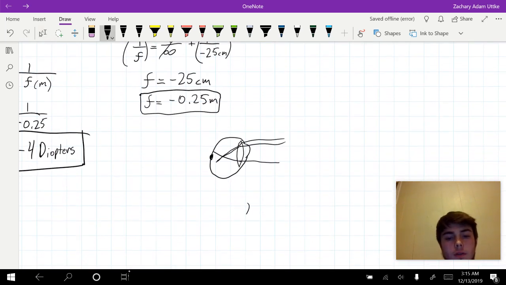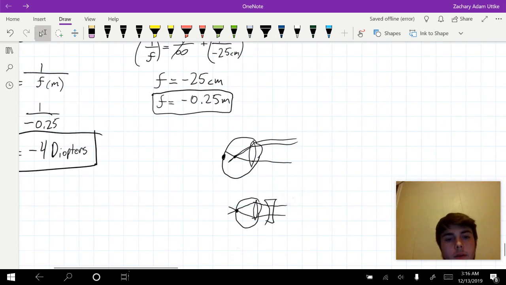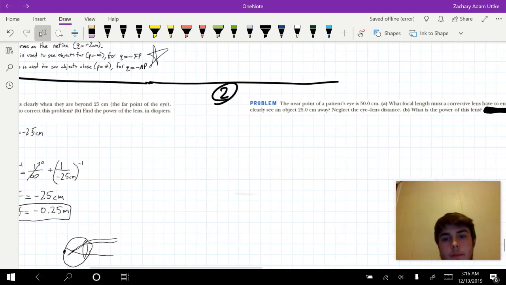And to correct this, let's think, what type of lens would we use? So if the image is forming too soon, we need to put a diverging lens there. And this is not the best drawing, but it will look like this, so that it instead focuses at the retina where it should. Okay, so let's look at a next example.